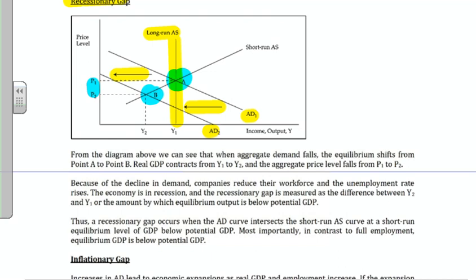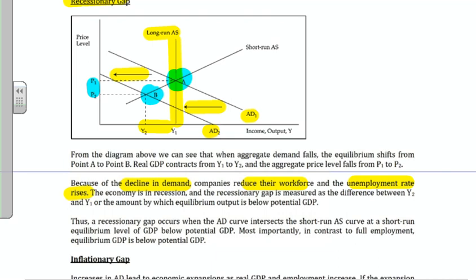Can everyone see over there? Because of the decline in demand, companies say, hold on a second, demand's gone down, they reduce their workforce, unemployment goes up, and the economy finds itself in a recession. What is the recessionary gap? It's the difference between Y1 and Y2.